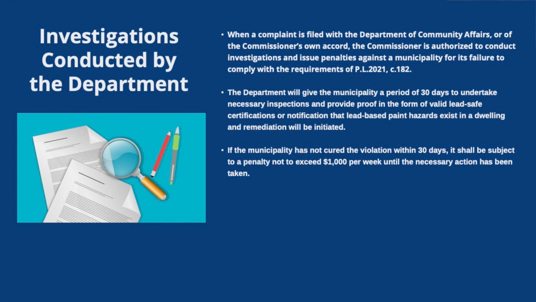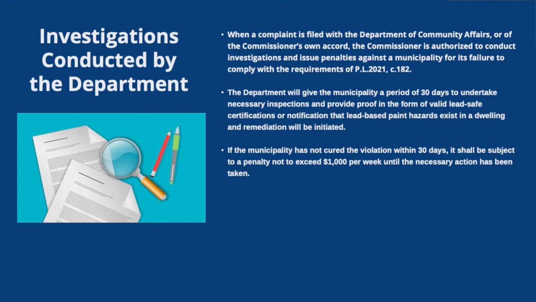As important as the obligation for investigations by the municipality, it's important to note that the department does have investigation authority. So when a complaint has been filed with DCA or of the commissioner's own accord, the commissioner is authorized to conduct investigations and issue penalties against a municipality for its failure to comply with this act.